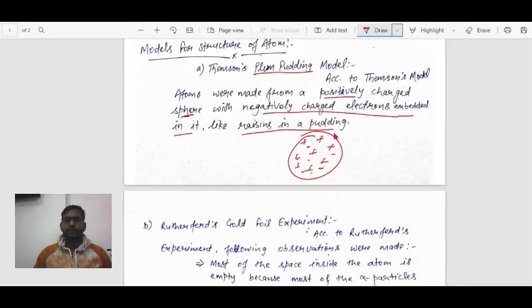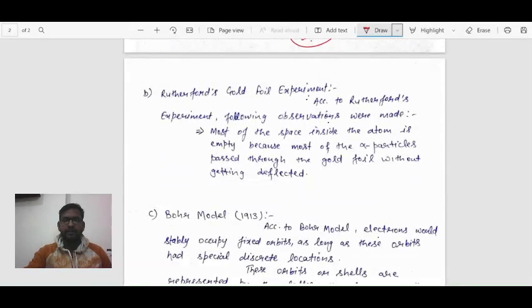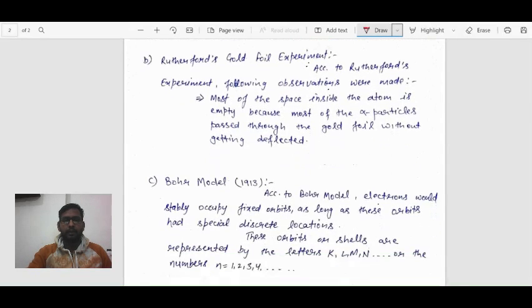So that's the Thomson Plum-Pudding model.